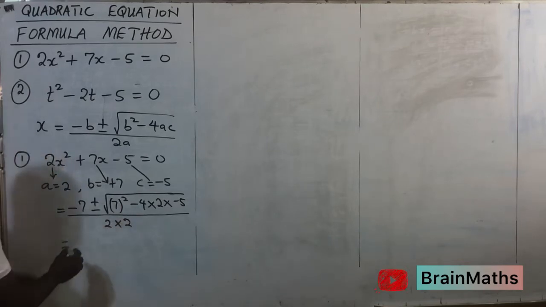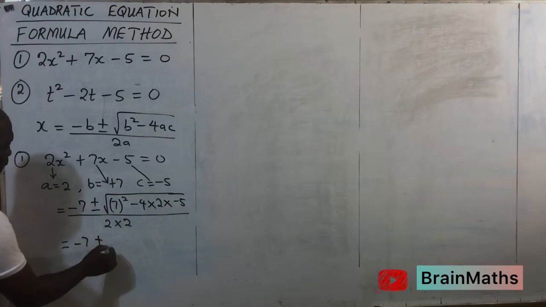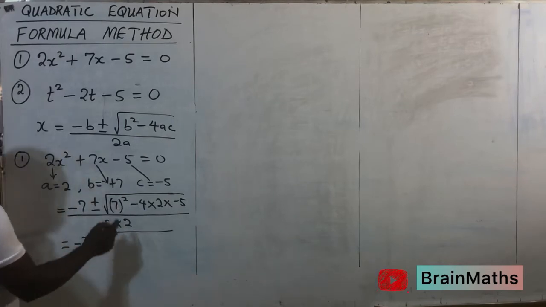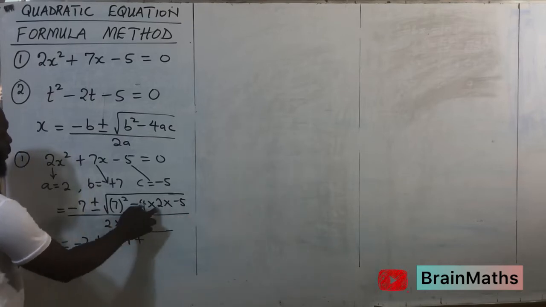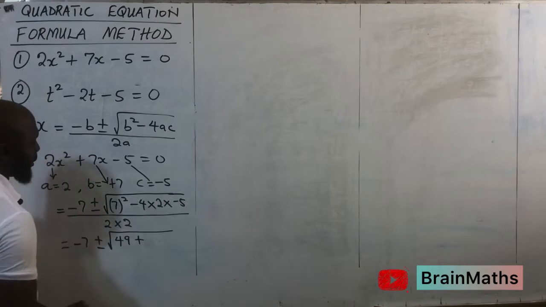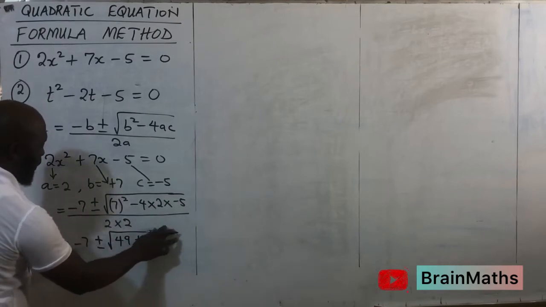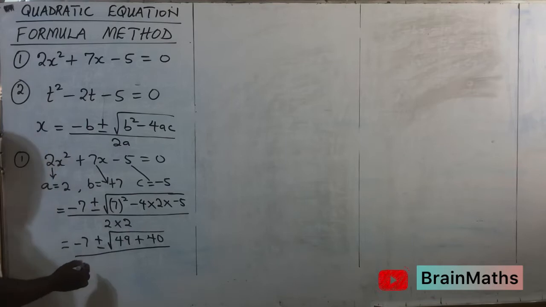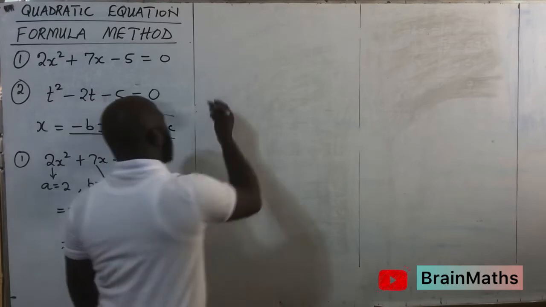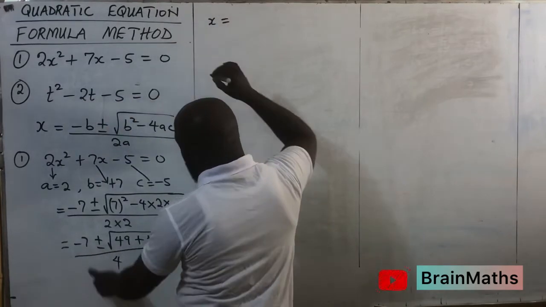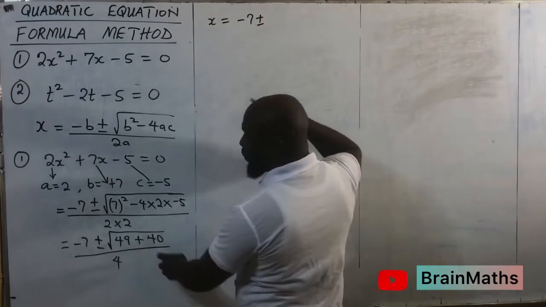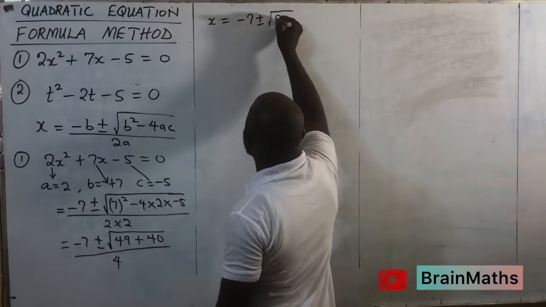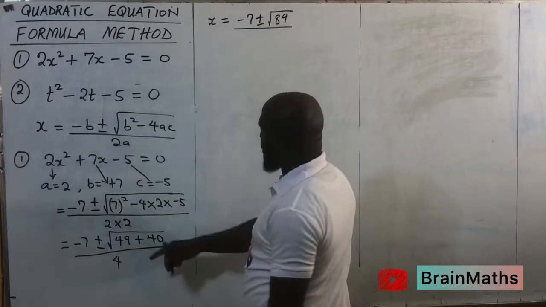So simplifying this, we have minus 7 plus or minus square root of 7 squared is 49, minus and minus gives plus 4 times 2, 8, and 8 times 5 is 40, all divided by 2 times 2, 4. So x equals minus 7 plus or minus the square root of 49 plus 40, which is square root of 89, all over 4.